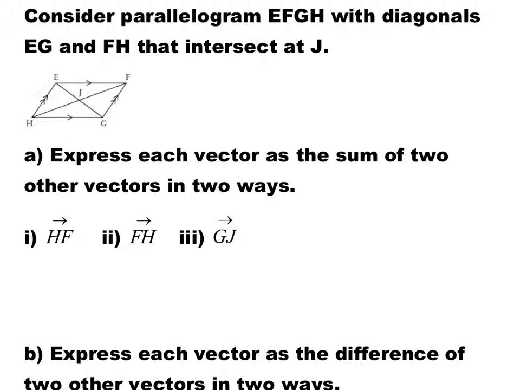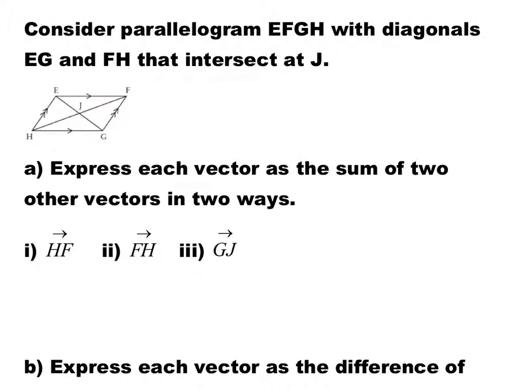I'm going to look at other vertices around H. These are E and G. J, I'm not going to use it because it's going to lie on the same vector HF. So I'm going to look at E and G. Then I'm going to use either one of these vertices between H and F, meaning if I put E in between H and F, I'm going to write HE plus EF.